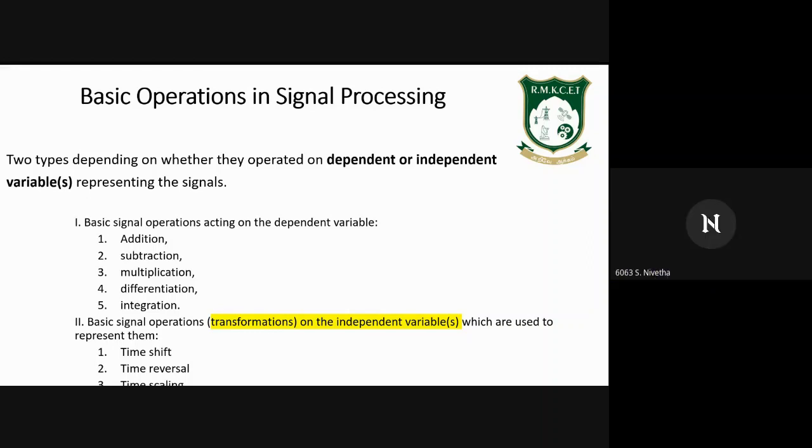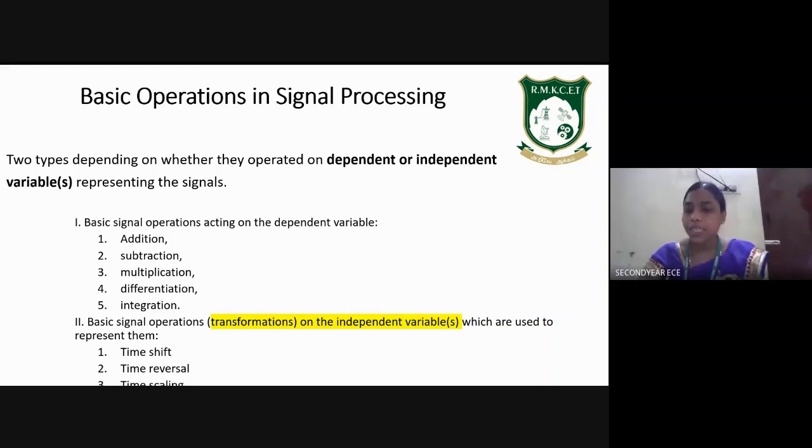Yes, ma'am. So in that process, we will use multiplication. We multiply the intensity value. Here, in image processing, what is the dependent variable? The amplitude represents intensity only.